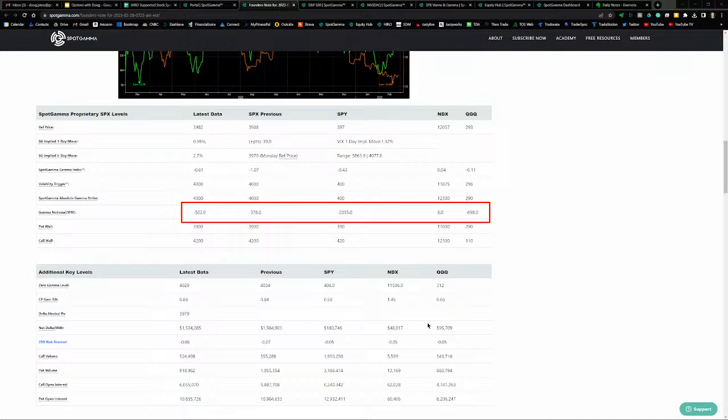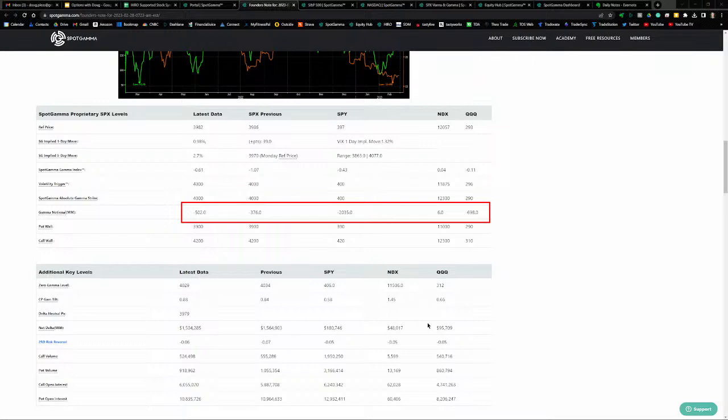The changes in levels from yesterday were mixed. Yesterday, SPX gamma notional was minus 530, and it has shifted to slightly less negative today at minus 502. And SPY gamma notional yesterday was minus 1901, and today it's minus 2035, so it has shifted more negative.